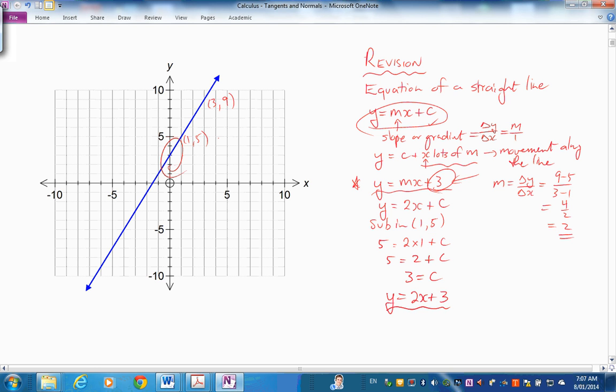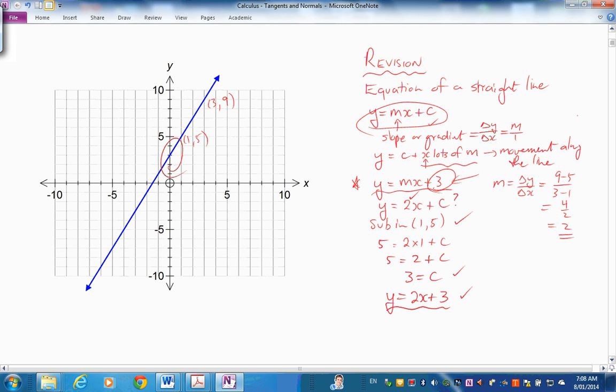So that's the mx plus c method, isn't it? Where you get the slope, you don't know c, you sub in the point, find c, reconstitute the equation. Now, many of you might be using that method for more sophisticated problems and applications later on. It's probably not the best method.